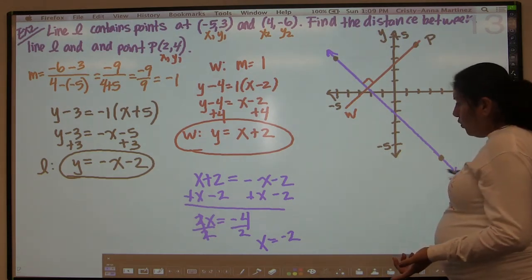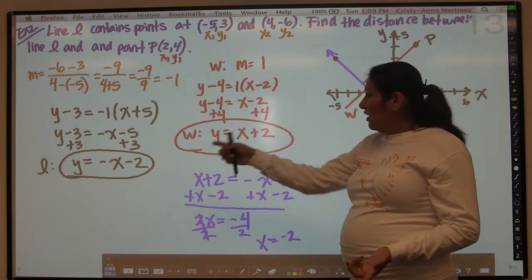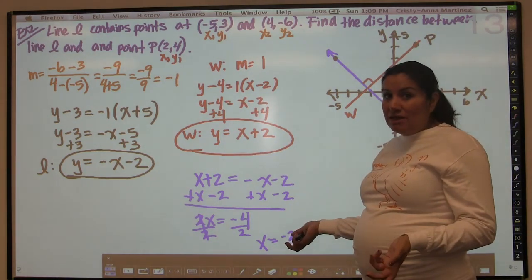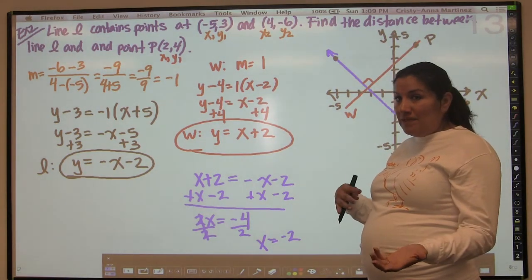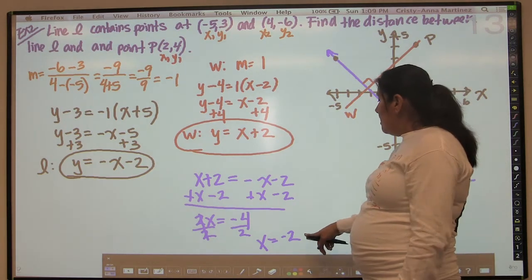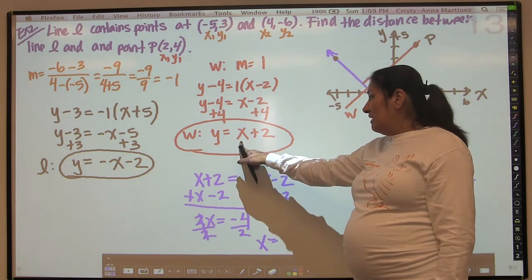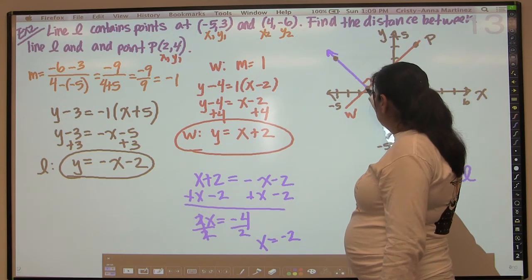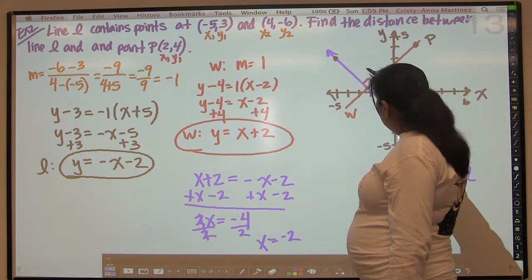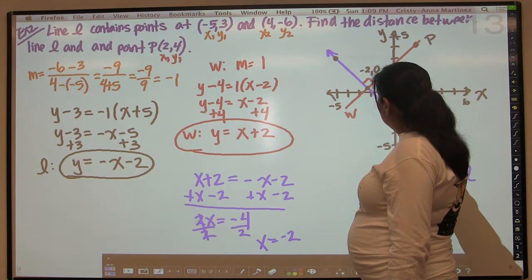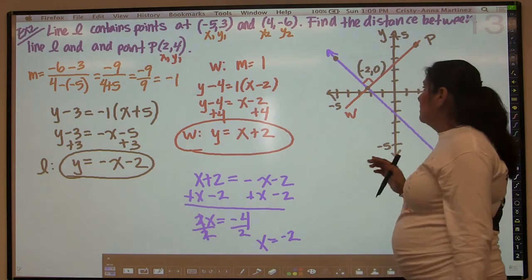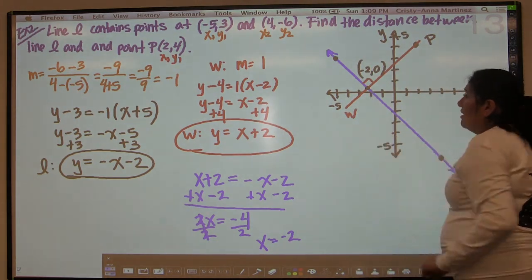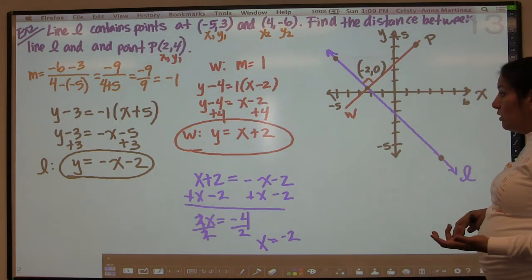To find the y-coordinate, I can plug negative 2 into either one of these equations, and it's going to give me the same answer, because that's the whole point. They're going to be the same. So if I plug negative 2 into this equation, negative 2 plus 2 is 0. So the point of intersection here is x is negative 2, y is 0. Even though it looks like it's kind of off, that's what it's supposed to be, negative 2, 0.